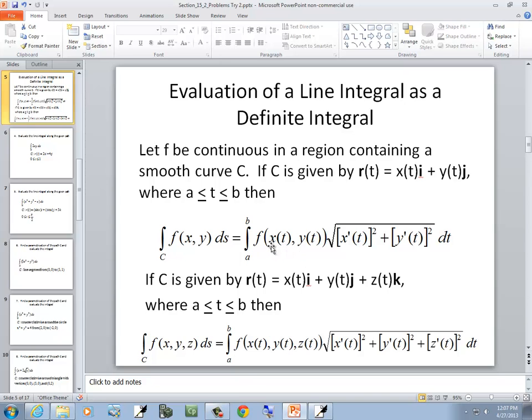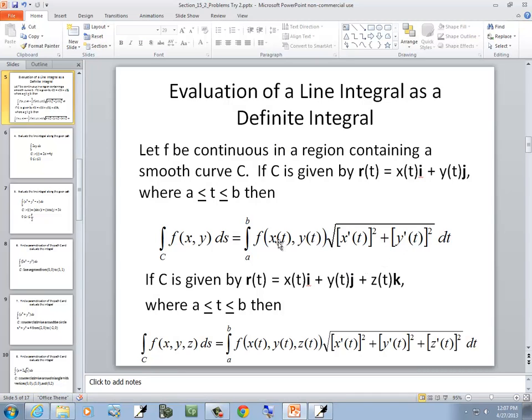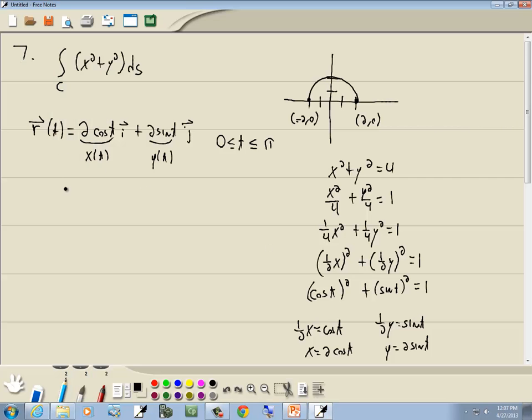First off, we'd go ahead and find x prime, y prime, but we definitely need this part. So remember, f of x, y is going to equal what's inside the parentheses here. So that's x squared plus y squared. And we'll plug in x of t and y of t. For x, we said x is equal to 2 cosine t.